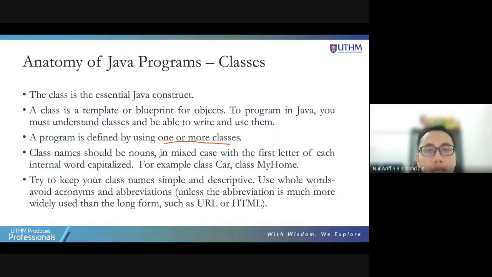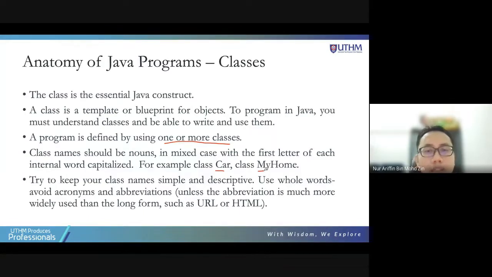Class names should be nouns in mixed case with the first letter of each internal word capitalized. For example, class Car, class MyHome. So whenever you want to write a class, please make sure the first letter is a capital letter.